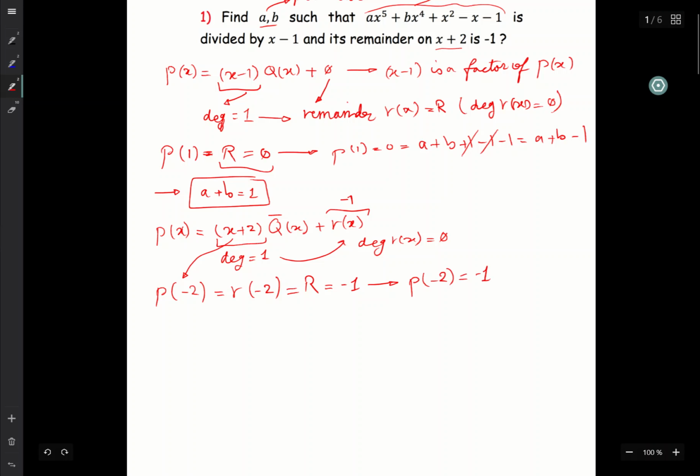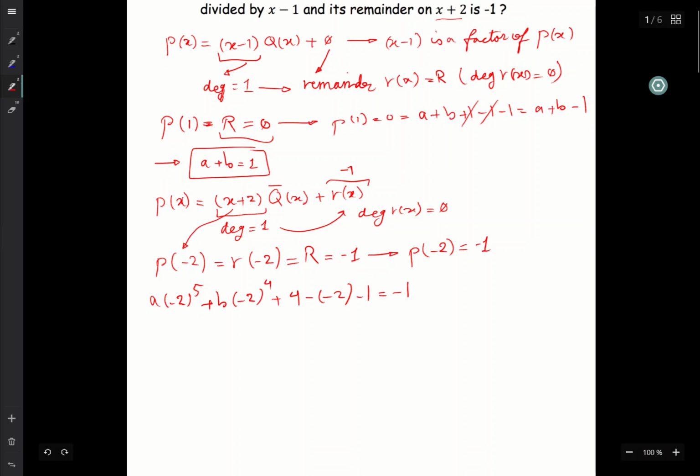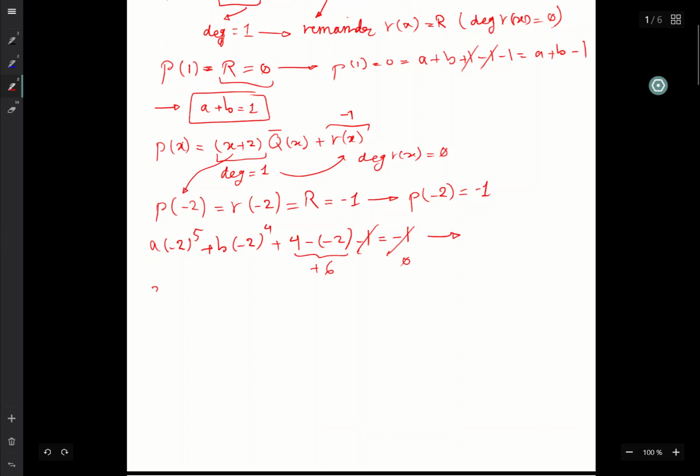And if you plug in -2, a(-2)^5 + b(-2)^4 + 4 - (-2) - 1 should be negative 1, right? So negative 1 cancels out. This becomes plus 6. And we have 0 on the right side.